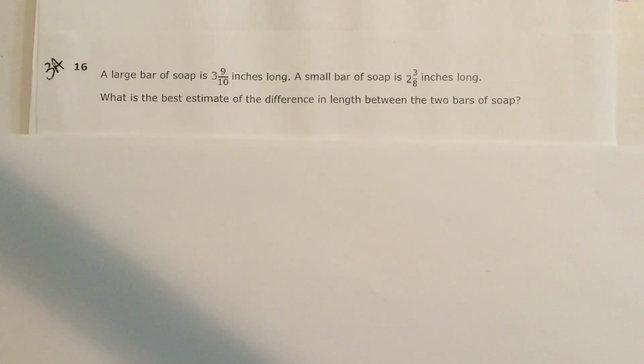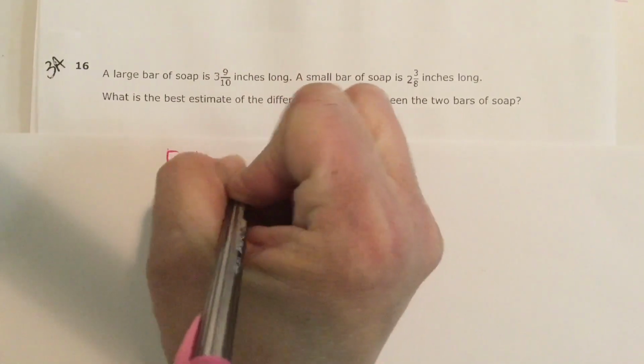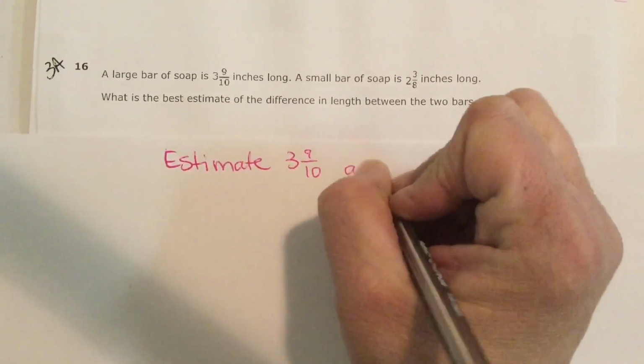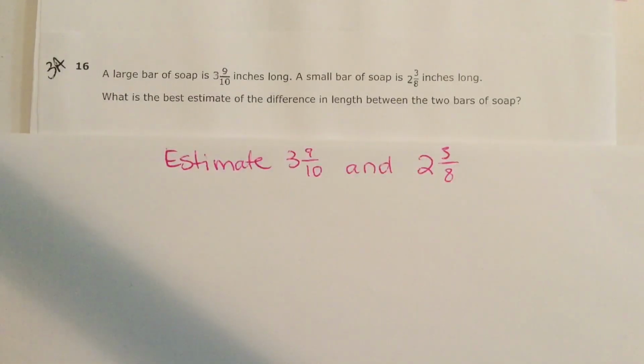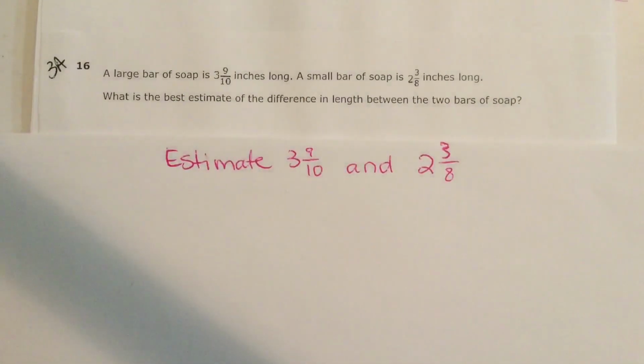Okay, it says a large bar of soap is 3 9/10 inches long. A small bar of soap is 2 3/8 inches long. What is the best estimate of the difference in the length between the 2 bars of soap? Okay, so we need to know that we're going to estimate 3 9/10 and 2 3/8. Okay, so when we think about benchmark fractions, 2 3/8, 3 is almost close to 4, right?